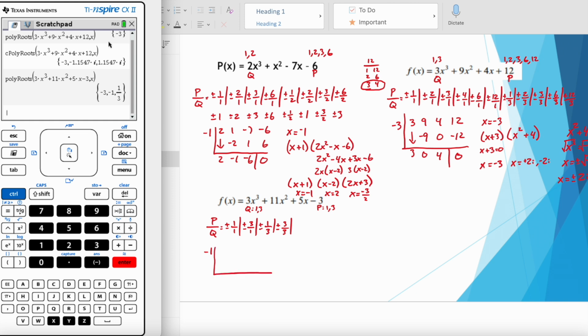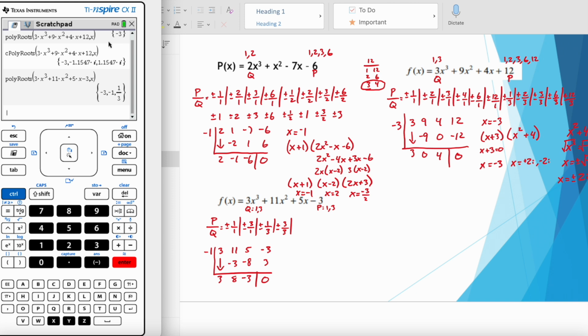So our numbers here would be 3, 11, 5, and -3. Bring down our 3. This would give us -3, 8, -8, -3, +3, which would leave us with 0. So this goes on to confirm that -1 is a factor of this polynomial.